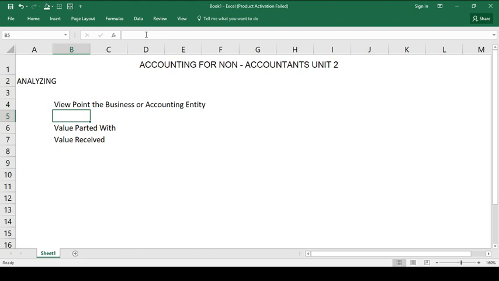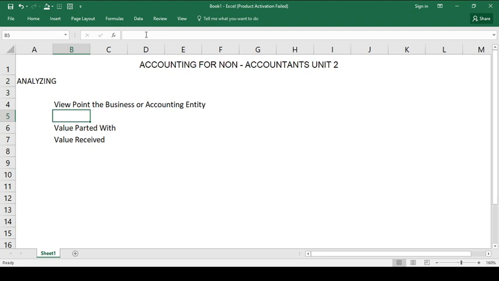Your value received is the cash, because the entity received the cash. Pag sinabing value parted with, ano po yung nailabas po natin in exchange of that cash? And that is the inventory. So, yun po yung ibig sabihin ng value parted with at value received.